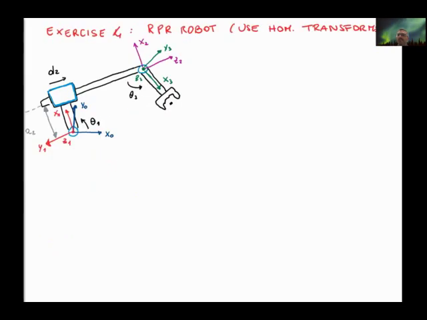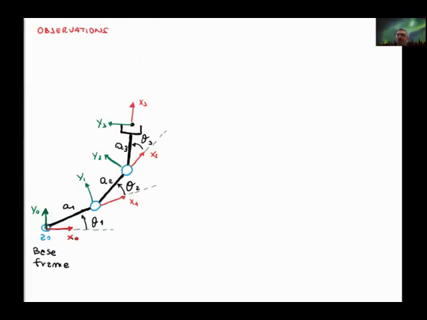Now, first we do some observations. In this particular case, the first observation is that the revolute joint axes are parallel.